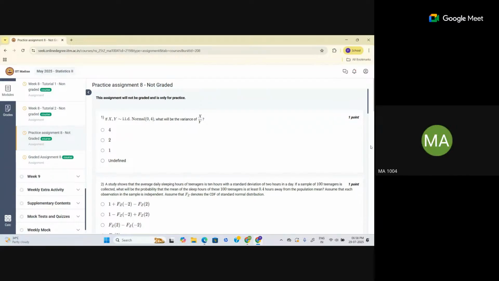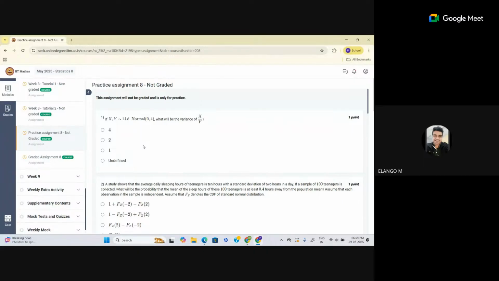Ma'am, in CLT, we were talking about the sample mean, the formula, right? Could you please give an example for that question and solve it? Because we solved the Poisson distribution of accident case, where we used S minus nu divided by that one.